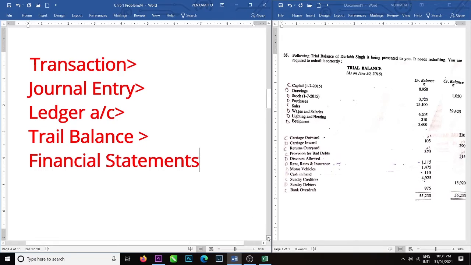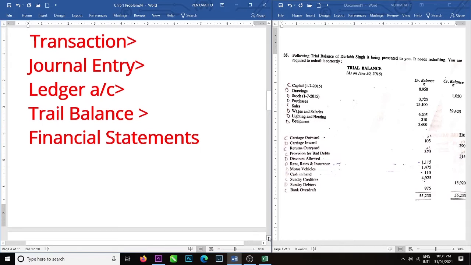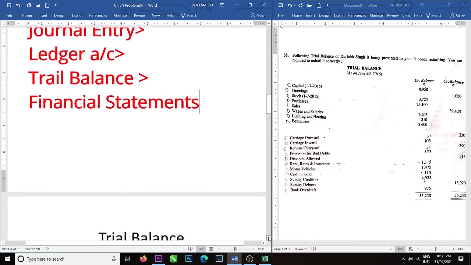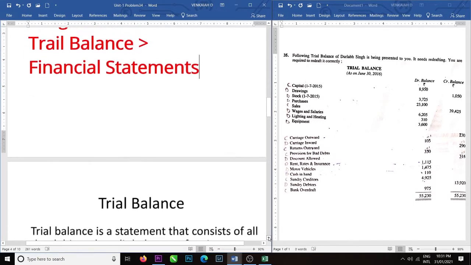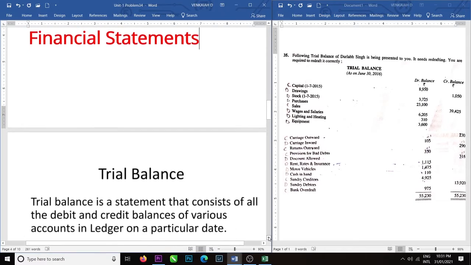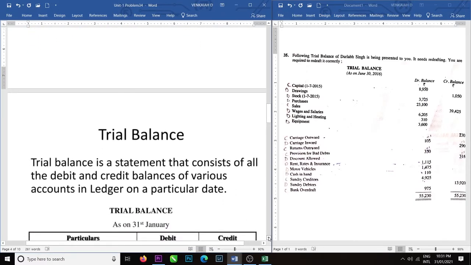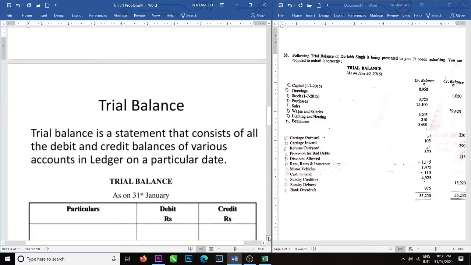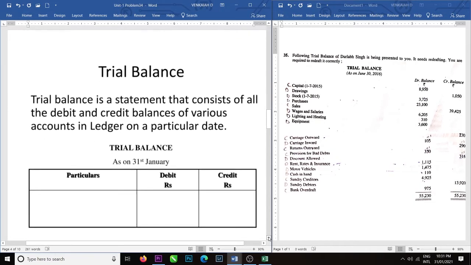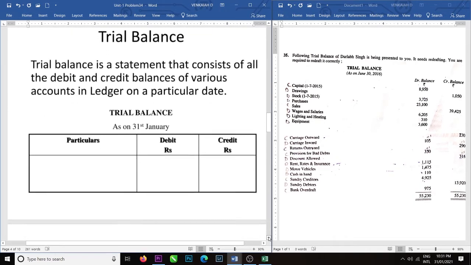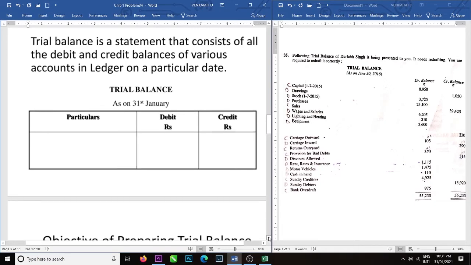Okay, that is. So again, we will understand what is trial balance and what its objectives are. As already we studied, trial balance is a statement which consists of debit and credit balances of various accounts, various ledgers, on a particular date. So here we are using 3 columns: particulars, debit, and credit.